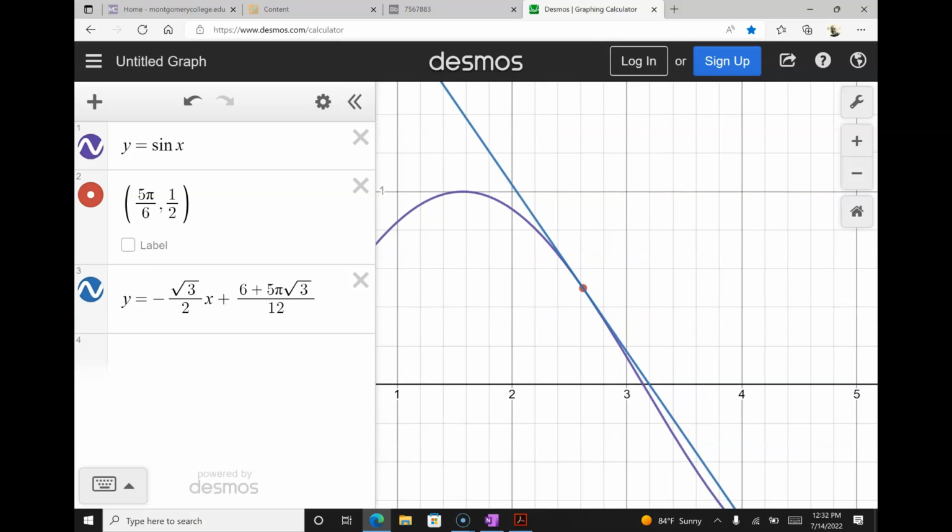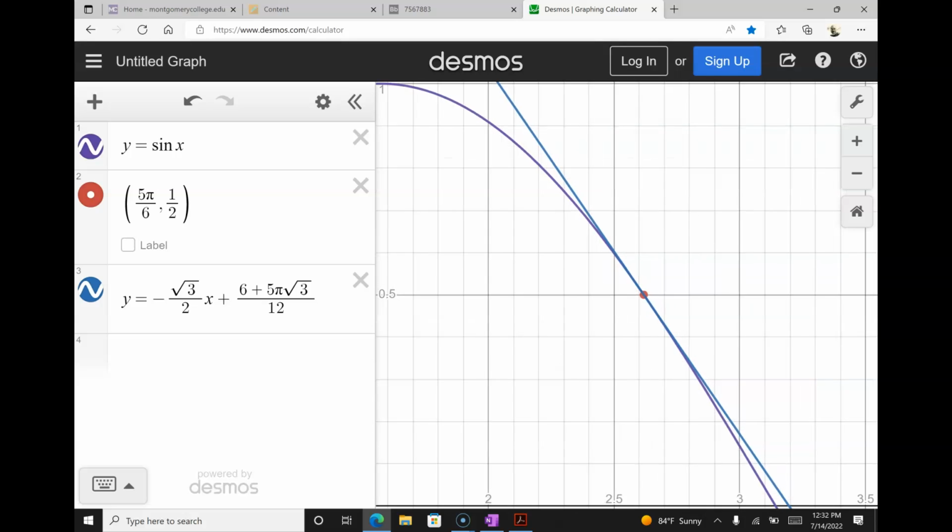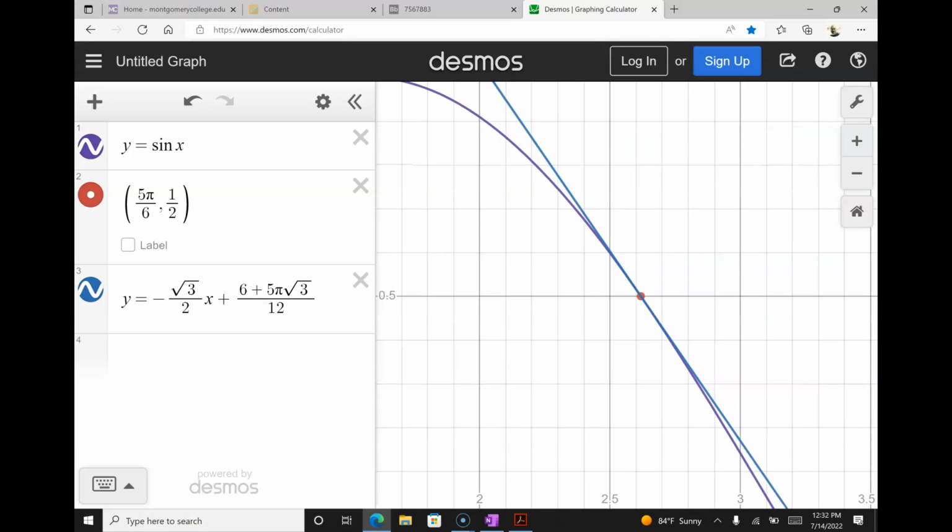And then, of course, you're zooming really close to the point, right? We're trying to get within what of the point? How close are we trying to get?